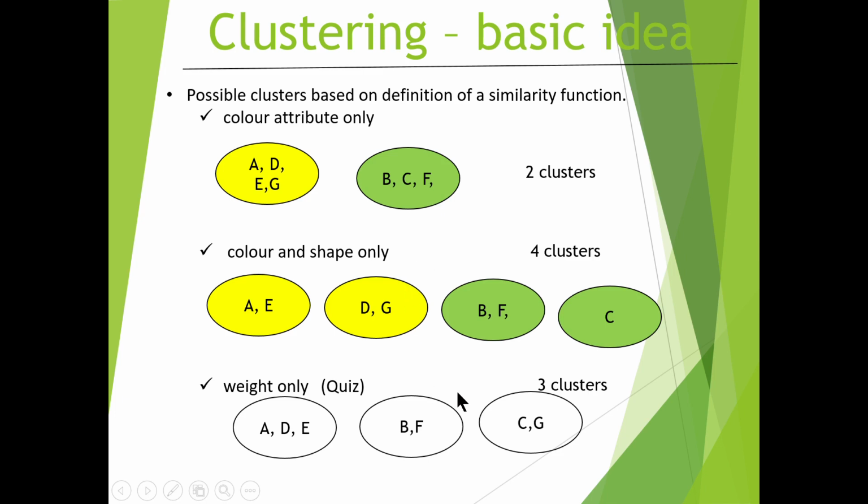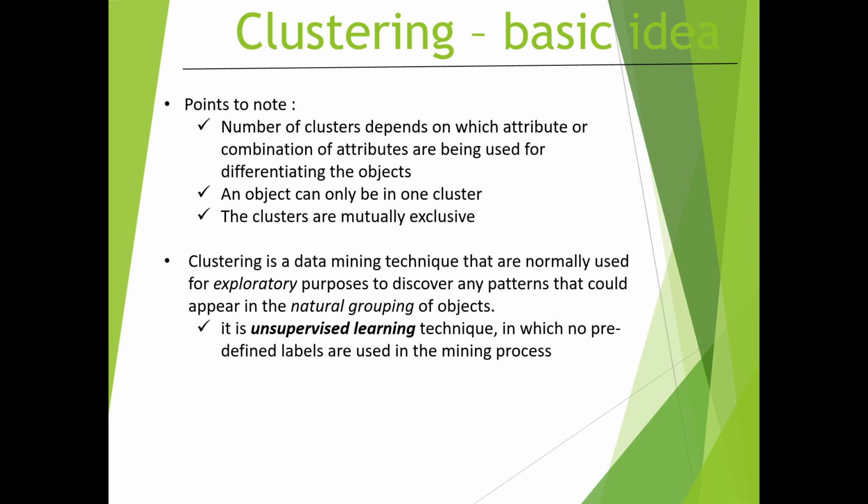Now, if we use the weight, then we will get different groups, three clusters with different objects in each cluster. Just a few points to note. The number of clusters depends really on the attribute or the combination of attributes that we use, what we call the similarity function.